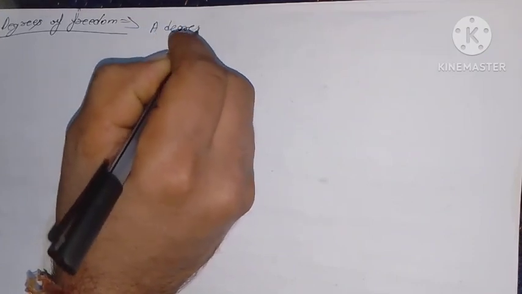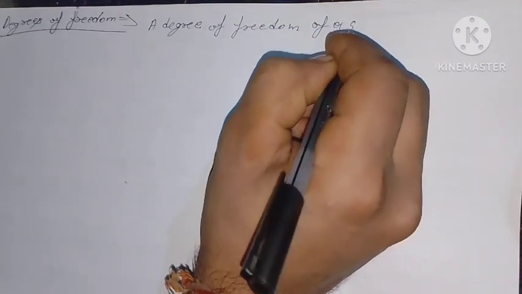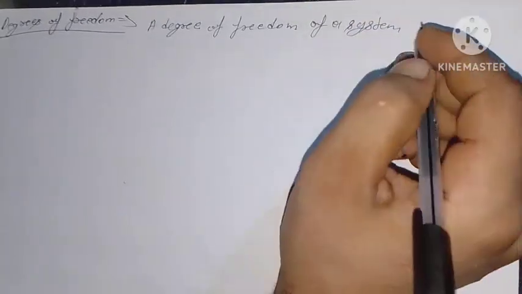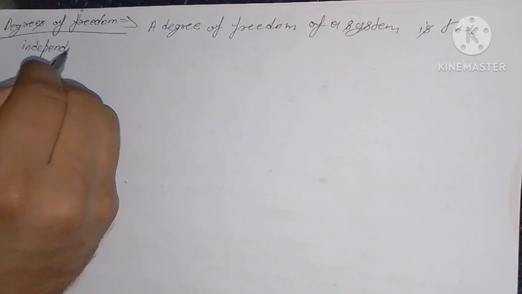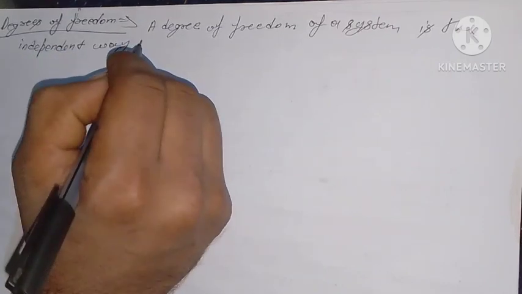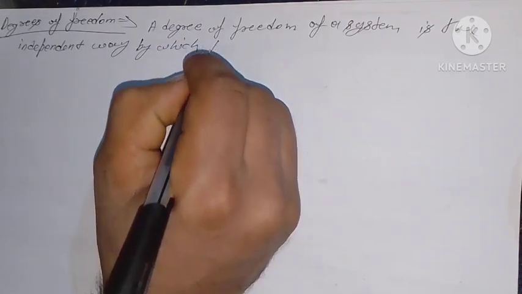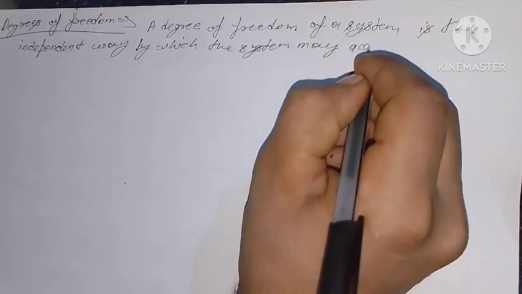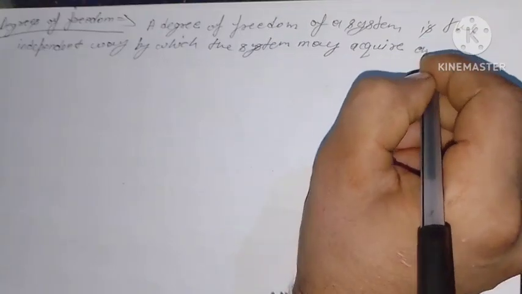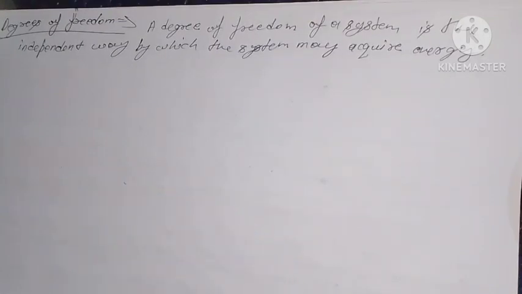Okay? Or, a degree of freedom of a system is the independent way by which the system may acquire energy.